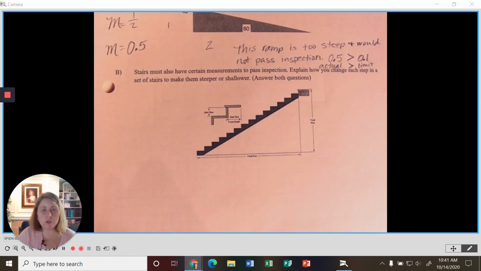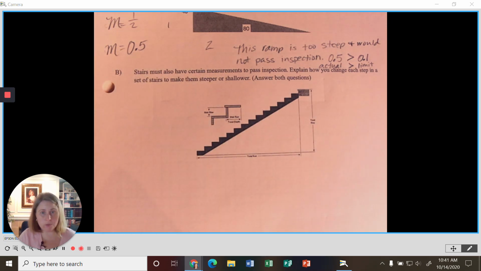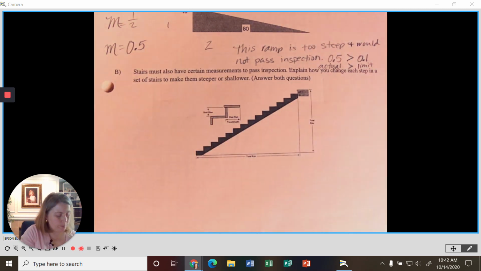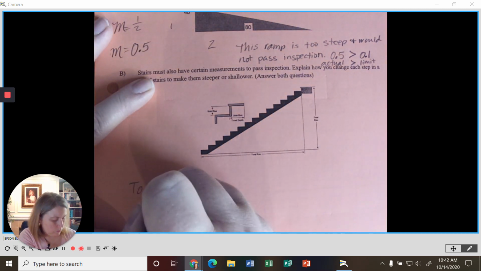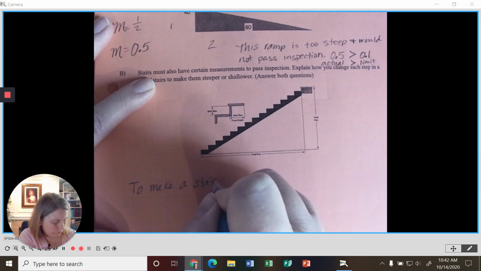Stairs must also have certain measurements to pass inspection. Explain how you would change each step in a set of stairs to make them steeper or shallower. So to make it more steep or less steep, answer both questions. If you wanted to make it steeper, what would you do?